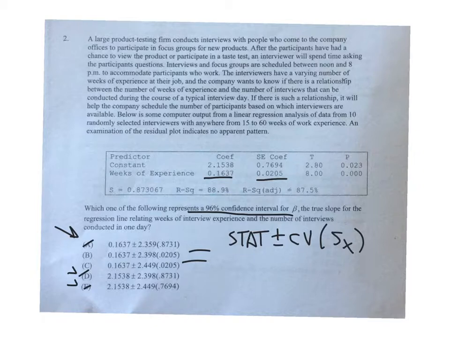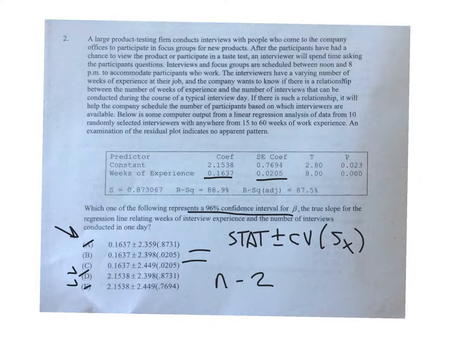Now, unfortunately, we didn't get to chapter 12, and when we do this, it's a t interval, and the degrees of freedom are n minus 2. Okay, so let's figure out what that is.